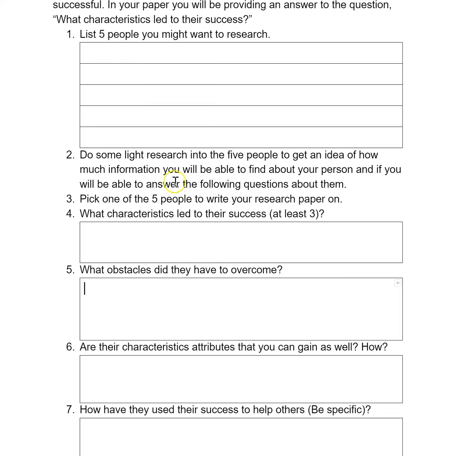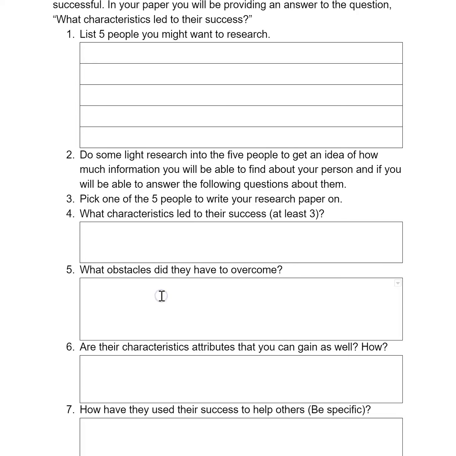So when you're doing this light research, look back at these questions and decide, well, will I be able to talk about that? If you can't find any information on them about obstacles they had to overcome, then maybe that's not a good choice, because you're going to have to do a lot deeper research, obviously, to find that information. Now, it doesn't mean the information doesn't exist, but you are still responsible.